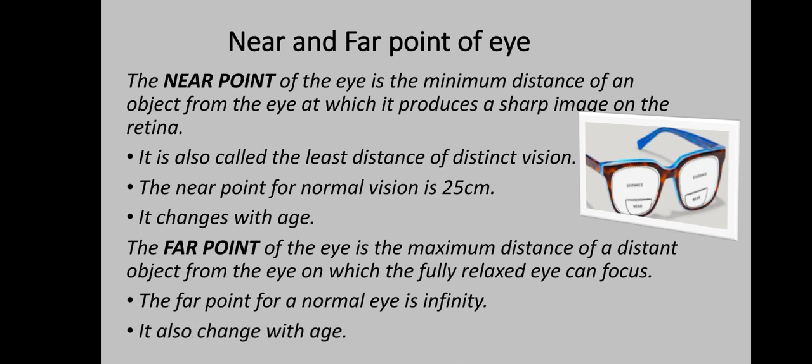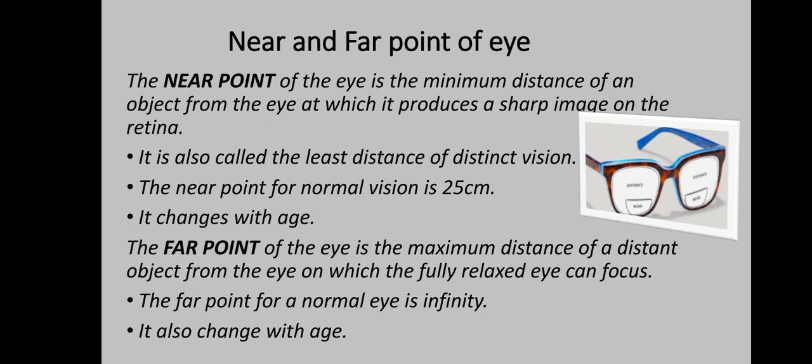It also changes with age, as old age people cannot see at that large a distance. So the far point of a normal eye is infinity, and it is the maximum distance of a distant object from the eye on which the fully relaxed eye can focus.